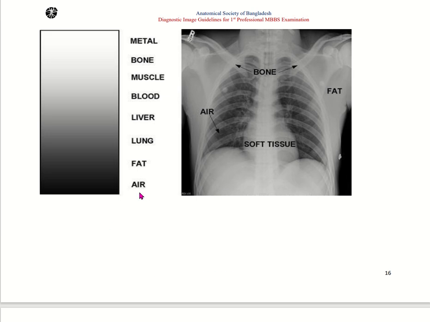So here is the darkest structure in the plain X-ray, and bones and metal are white in plain X-ray.